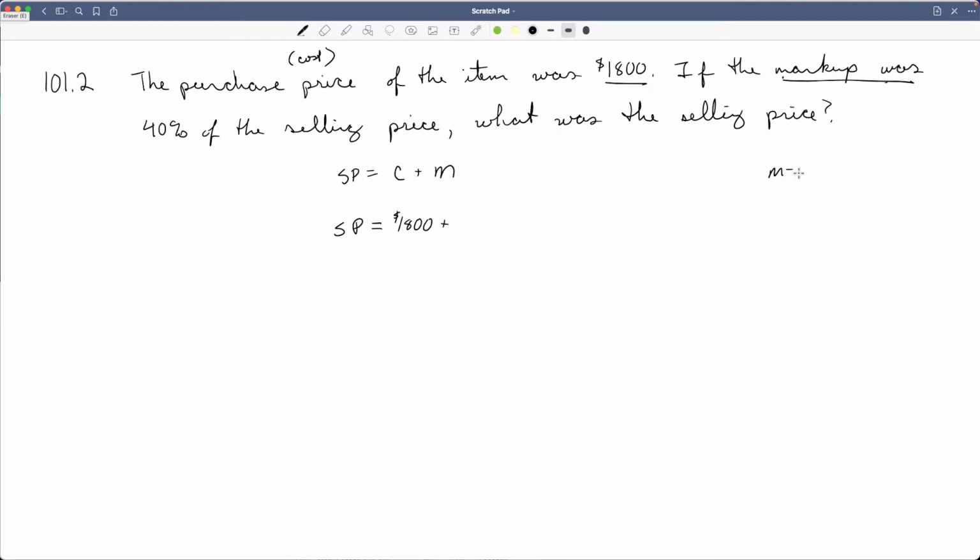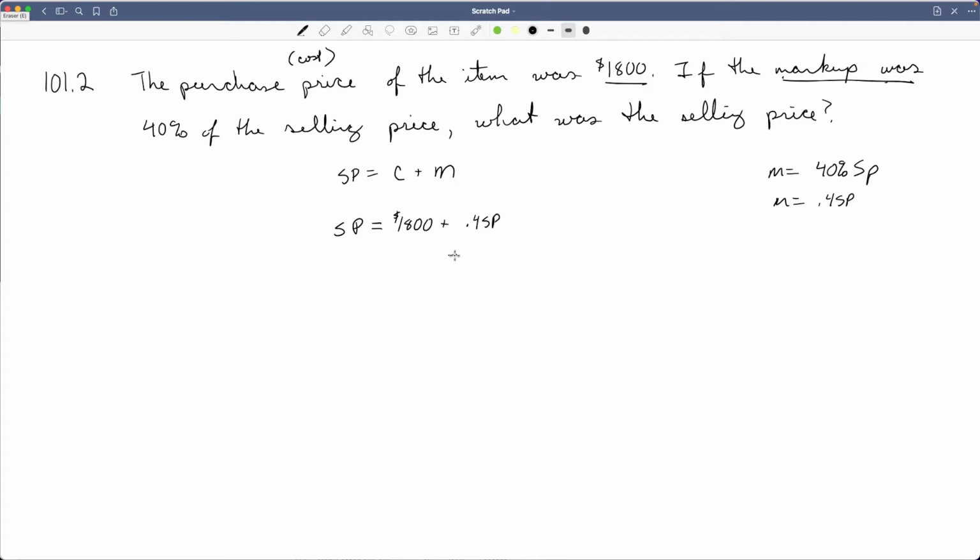So markup is equal to 40% of the selling price. So 40% times the selling price. So markup is equal to 0.4 times SP, right? So 1,800 plus 0.4 SP.